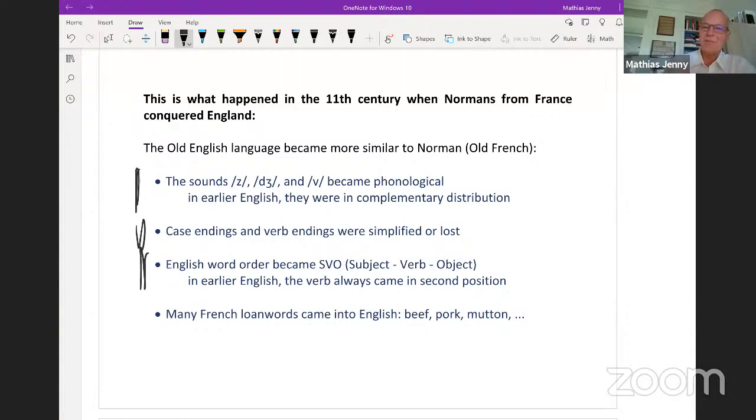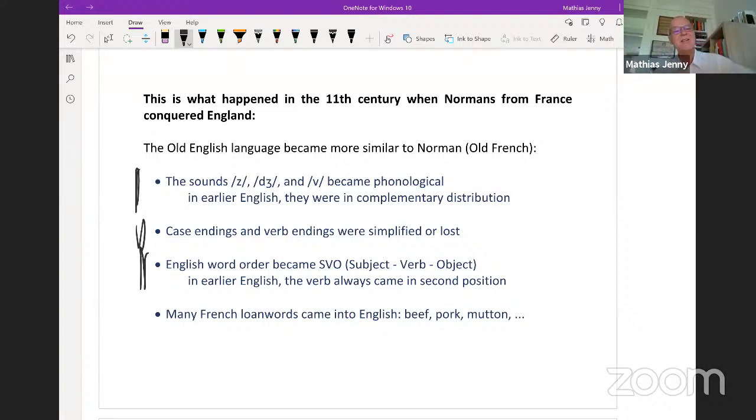Before the 11th century, and also for a few centuries after this, but gradually becoming less frequent, English had a different word order. The rule in English was that the verb always comes in the second position of the sentence, whatever comes first, the verb has to be second. So of course, if you have subject, verb, object, verb is in second position as well.